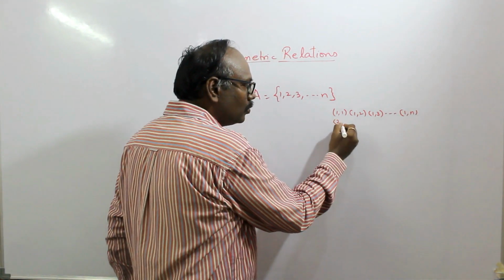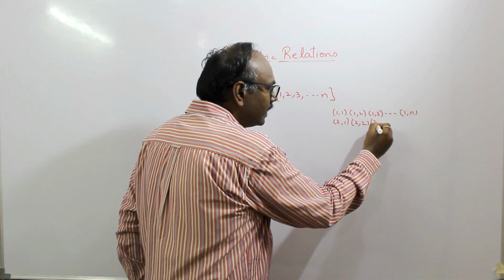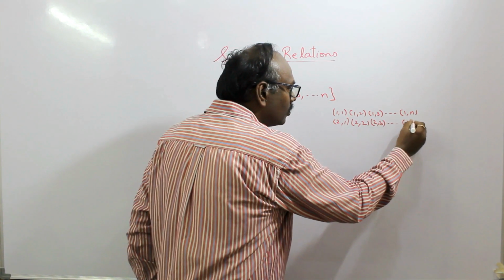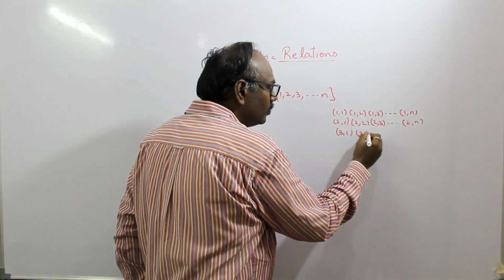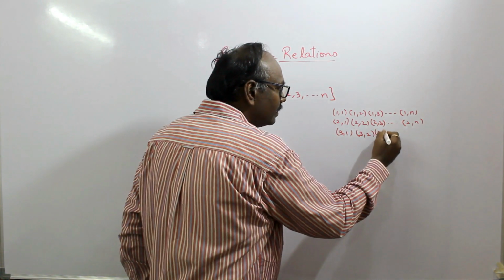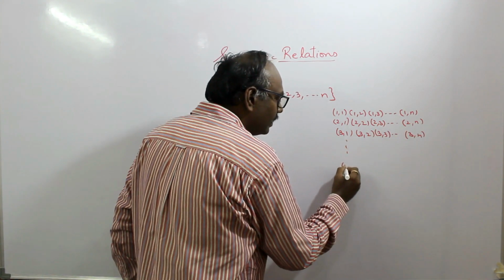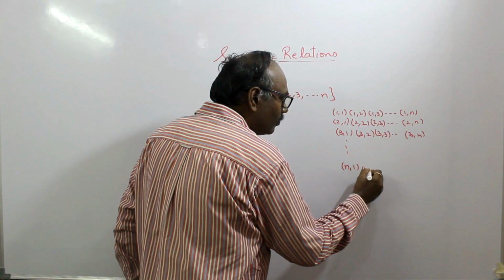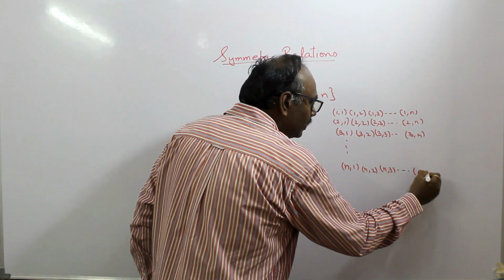Similarly we have 2 comma 1, 2 comma 2, 2 comma 3, so on till 2 comma n, and 3 comma 1, 3 comma 2, 3 comma 3, so on till 3 comma n. So on till we have n comma 1, n comma 2, n comma 3, so on till n comma n.